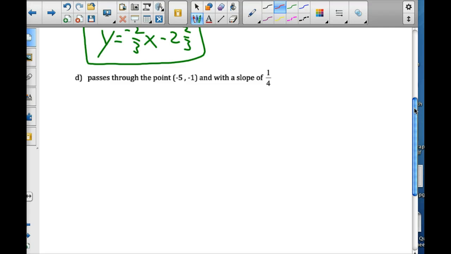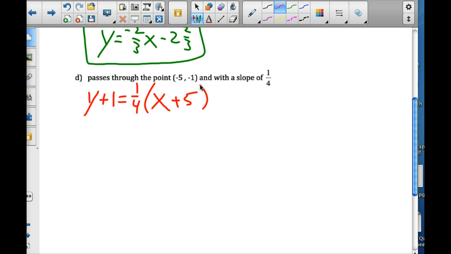Y plus 1 equals 1/4. Remember the slope goes times the quantity x plus 5.